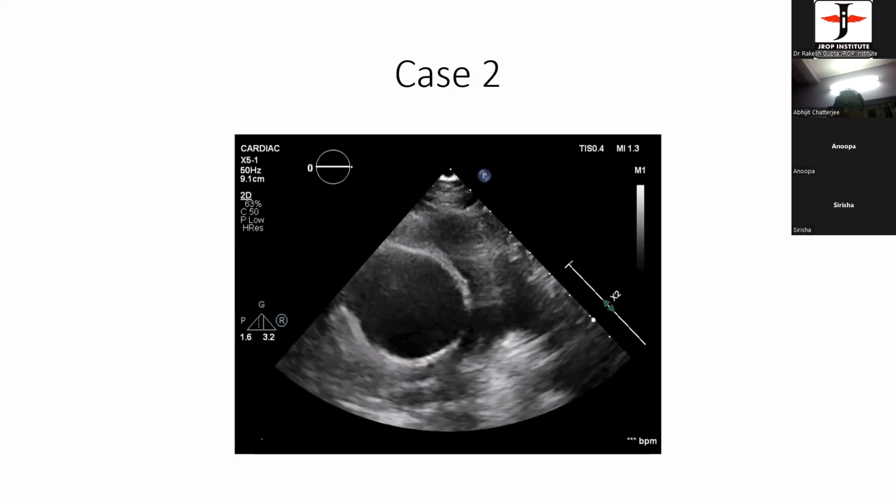Yes, sir. Good evening, sir. Yeah, Anupa, good evening. Abhijit, go ahead. Dr. Anupa, tell me some causes of mitral regurgitation. Mitral regurgitation can be acute or chronic. Acute may be due to ischemia. Ischemic mitral regurgitation.